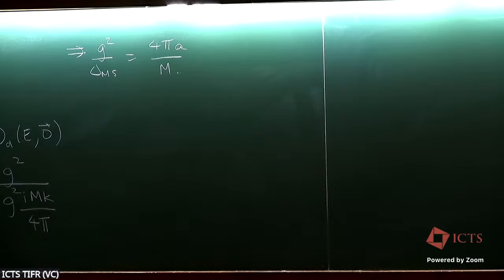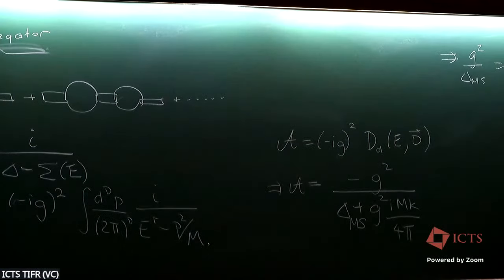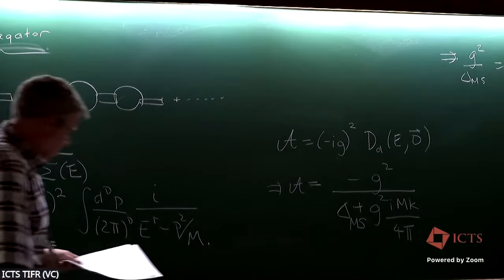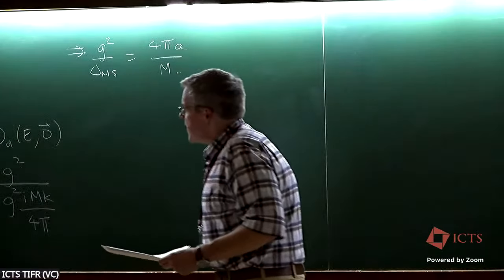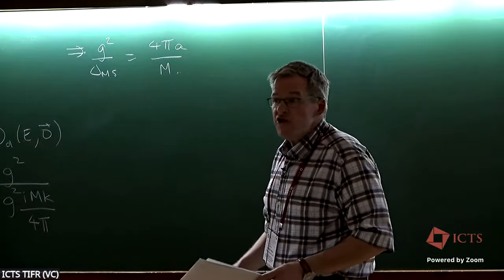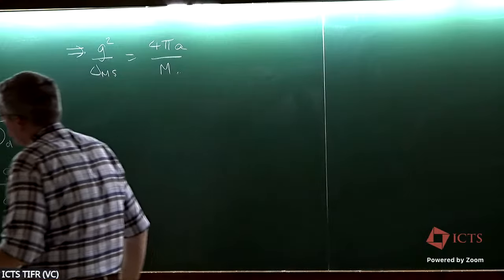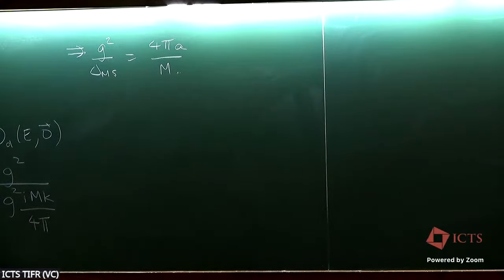I don't actually need to solve the full amplitude to figure out where the poles are. I just need to solve this equation to figure out where the poles are. So that's a little bit simpler, at least conceptually, than solving for the full amplitude in order to find the poles. And the third thing I find useful here is that this provides a natural connection to the physics of resonances, which we'll be discussing maybe tomorrow, maybe on Wednesday.